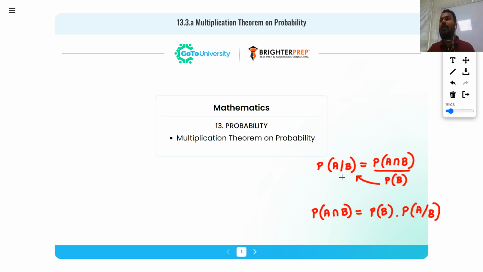So the probability of A intersection B is the probability of the first event and the probability of the second event, provided the first event has already happened.